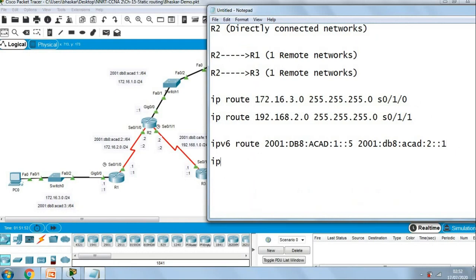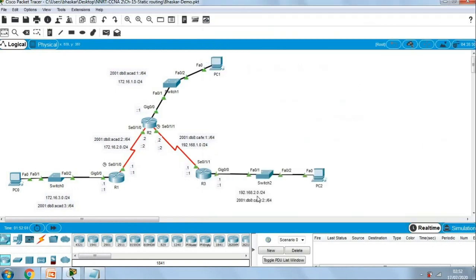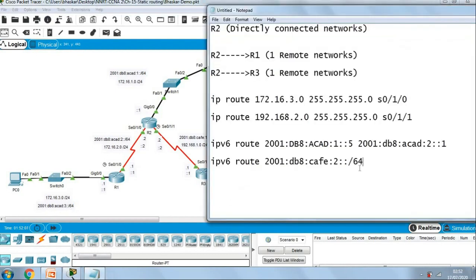The second one is the IPv6 route from R2 to reach the R3 LAN, this one, right? So I can write this network.